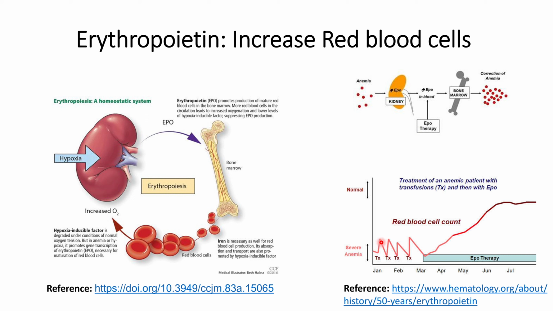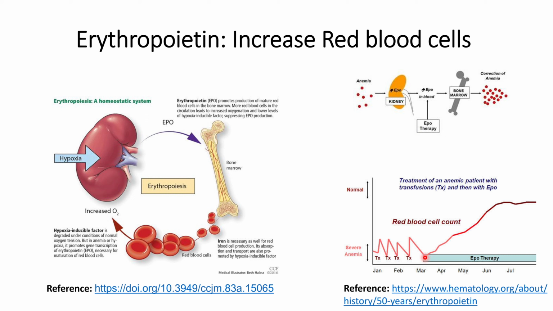So the condition of anemia is not improved to that extent, and frequent transfusion of red blood cells is required in that case. However, when epotherapy has been established, we no longer need to externally replace red blood cells. Instead, we just need to trigger the hormone that can initiate the increase in red blood cells.